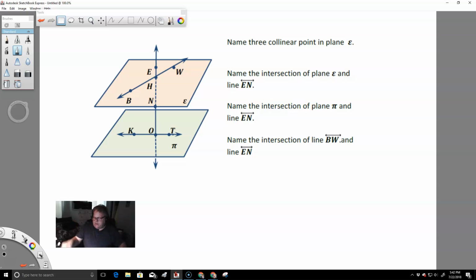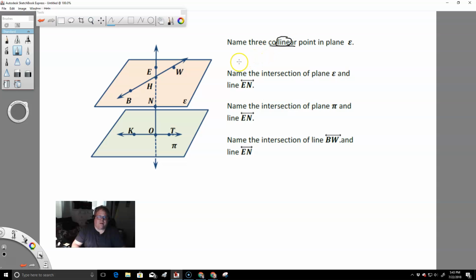Now let's talk about things that you have to do on this. Alright, so again, we have to answer all the 4 questions that we have. Let me turn on my marker again. Alright, name 3 collinear, this should say points, plural, in plane E. So basically, collinear, you can see the word line in there.